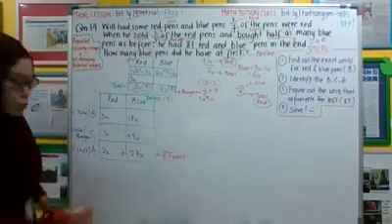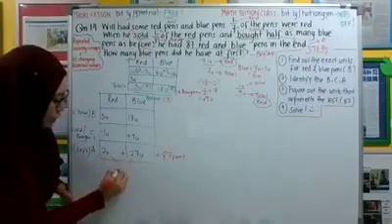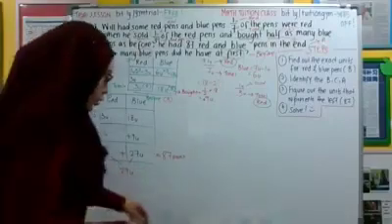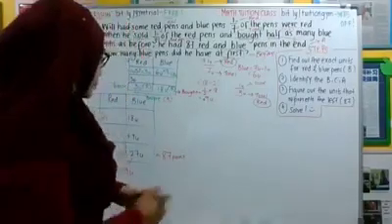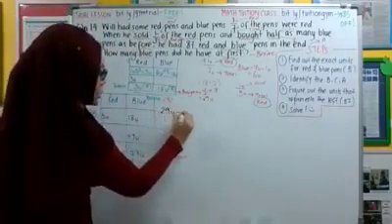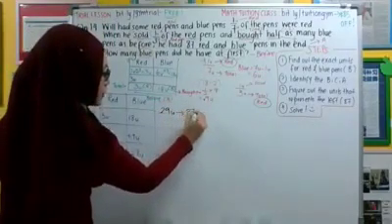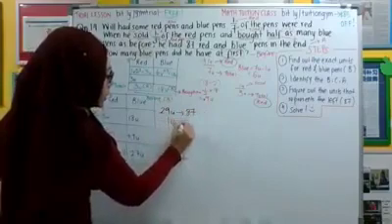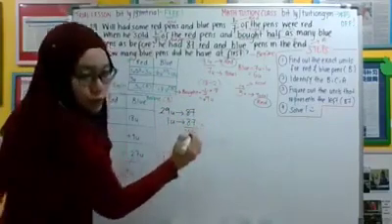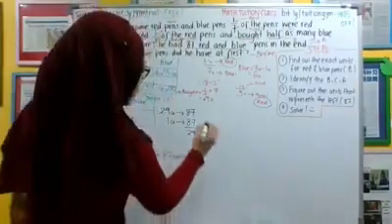How many units is this? 2 and 27. This is actually 29 units. Okay, which means 29 units is 87. 1 unit is 87 divided by 29 equals to 3.